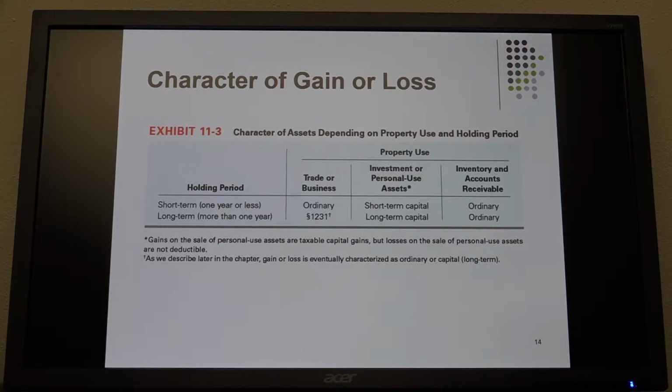Again, after you figure out the gain or loss, you have to determine what is the character of that gain or loss. That depends on how the assets are used. If the assets are used in a trade or business and they are not inventory and accounts receivables, you have to determine whether or not the holding period for the asset is 1 year or less or more than 1 year. If it's 1 year or less and used in a trade or business, it's ordinary income.